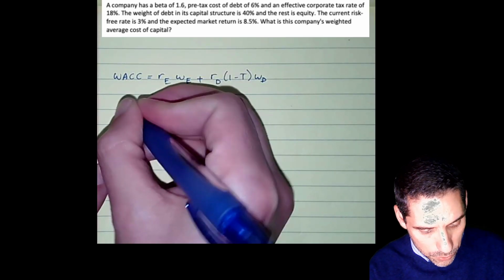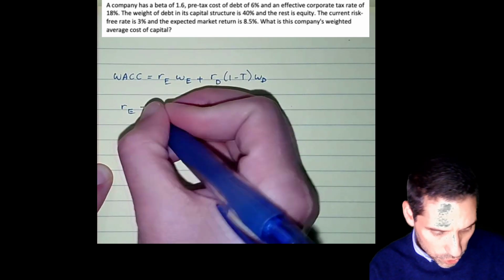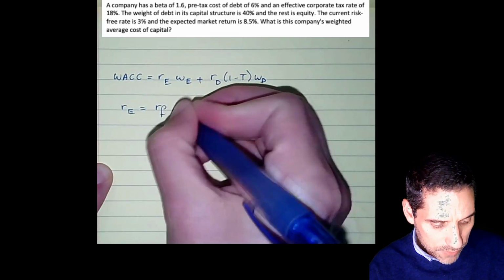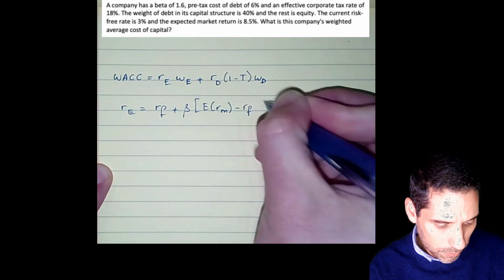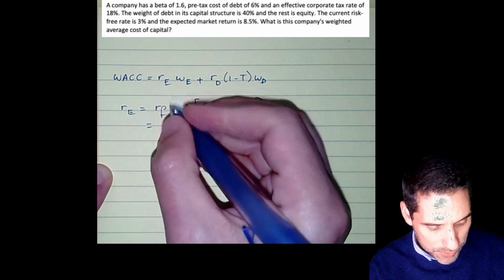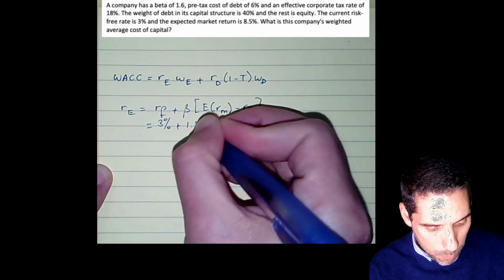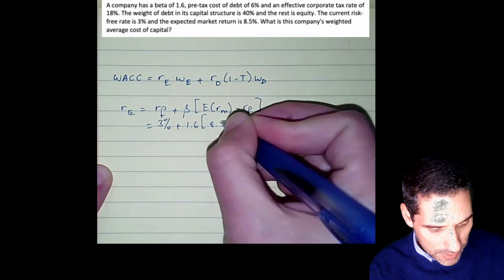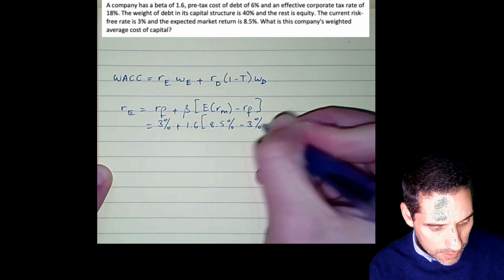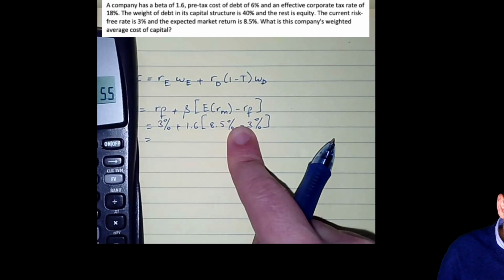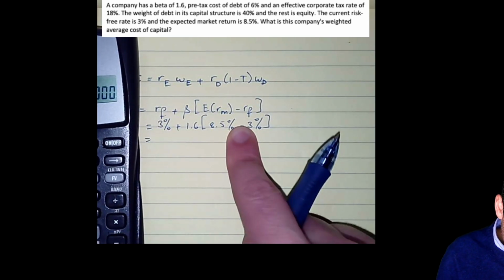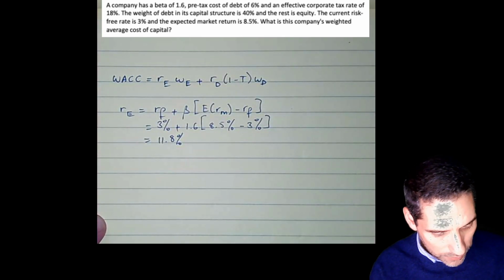Right. So now let's first figure out cost of equity, which using CAPM, that's going to be risk-free rate plus beta times expected market return minus the risk-free rate. So that is risk-free rate is 3%, beta is 1.6, expected market return is 8.5%, risk-free rate is 3%. So expected market risk premium is 5.5 times 1.6 plus 3, 11.8% required return from the stock, which is this company's cost of equity.